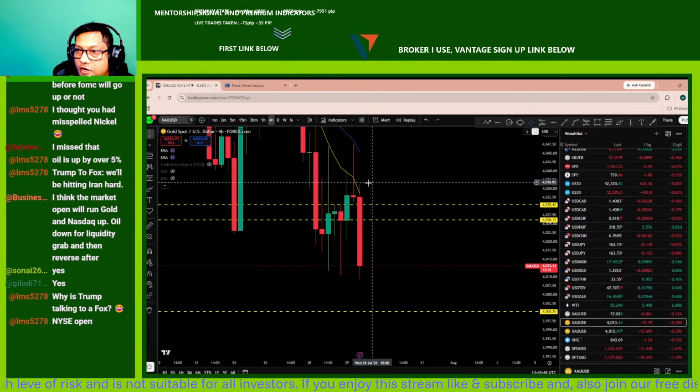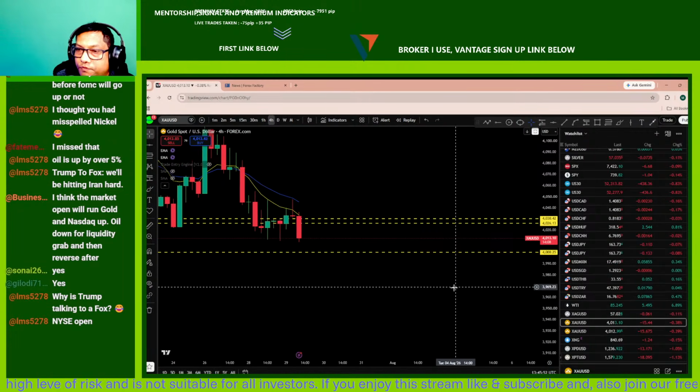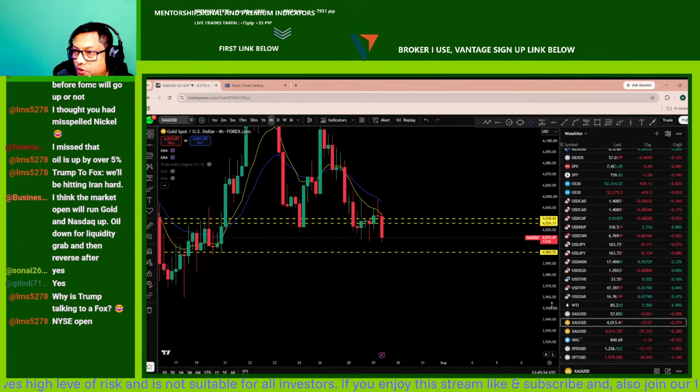Four-hour candlestick pattern, very large red candle, and I think that might break 4,000.